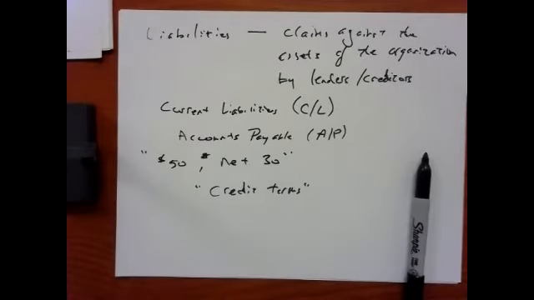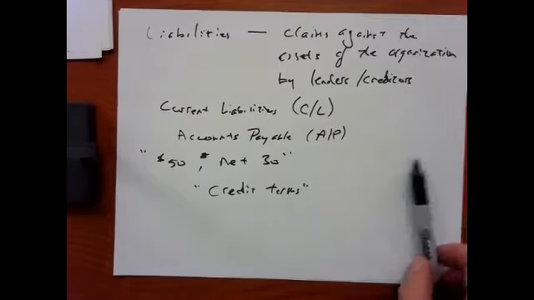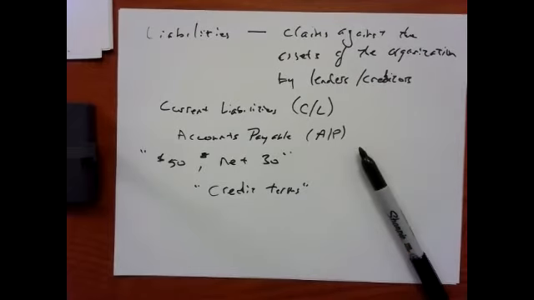What does the net 30 mean? Anybody know? Or take a guess? So this is a supplier, right? This is Allie's Medical Supplies.